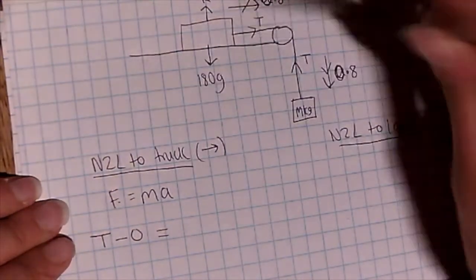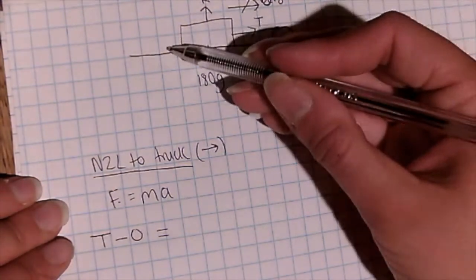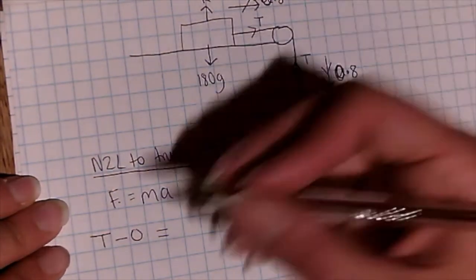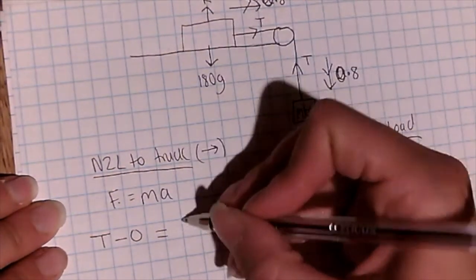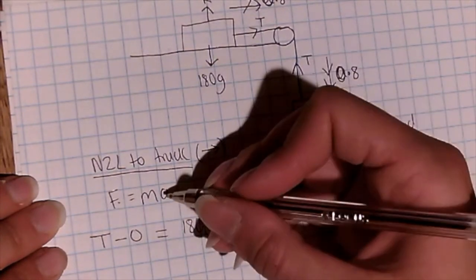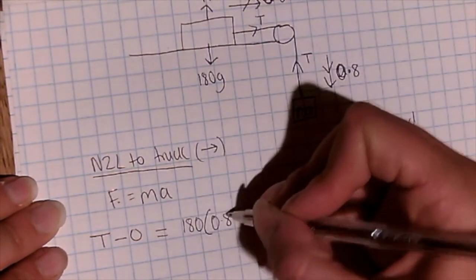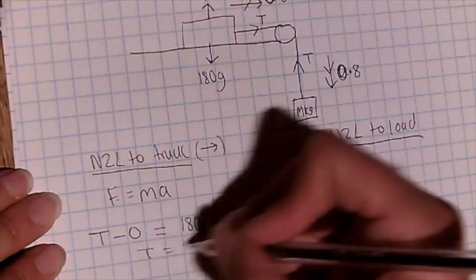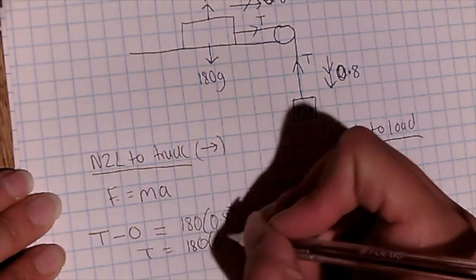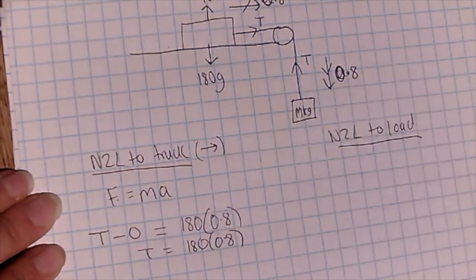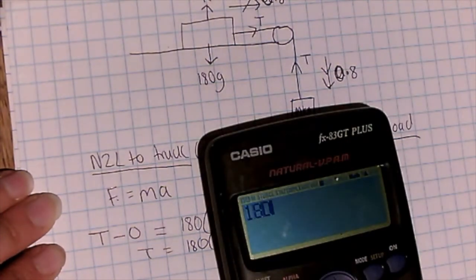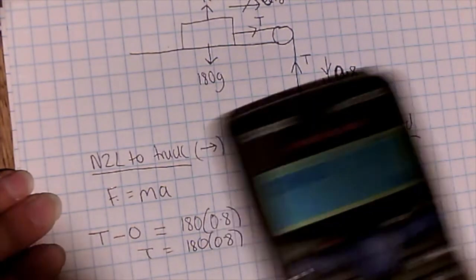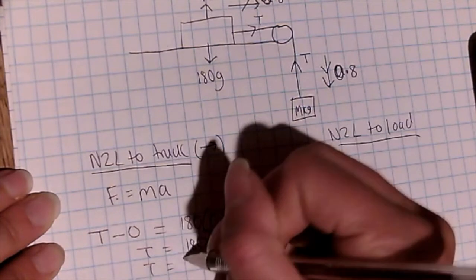Because we're moving to the right, the force is the right force minus the left force, so it's T minus 0. That equals the mass of the truck, 180, times the acceleration, which we know is 0.8. So in other words, T equals 180 times 0.8. Therefore, T equals 144 newtons.